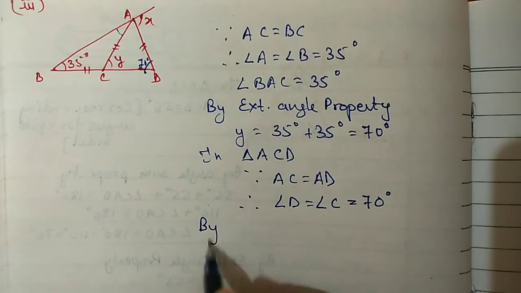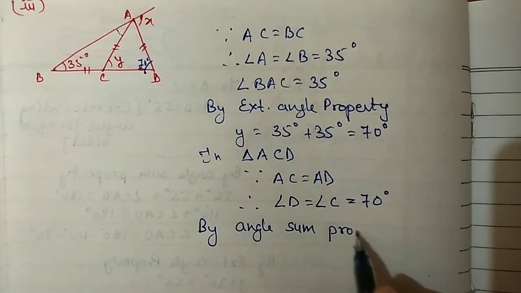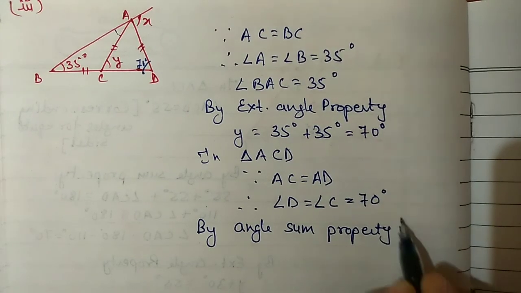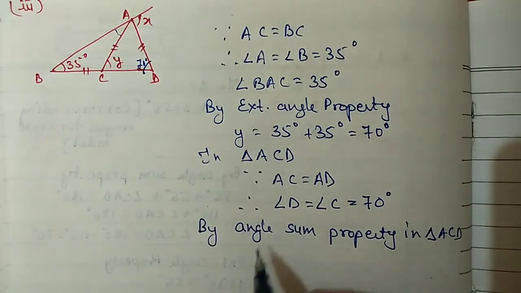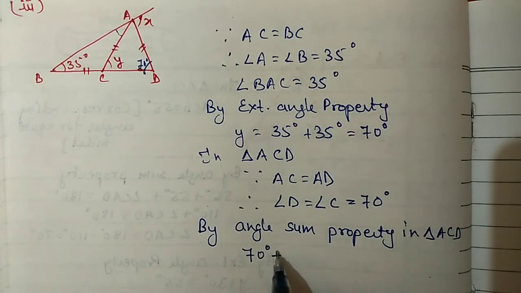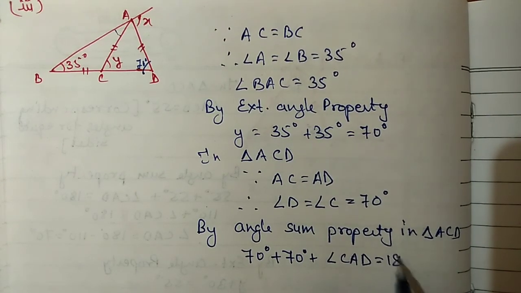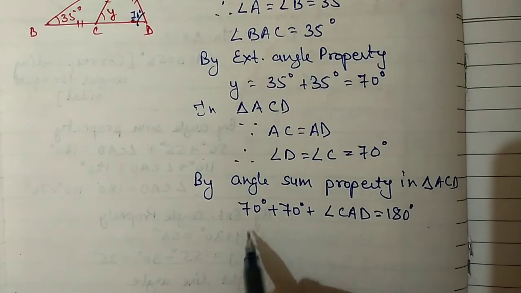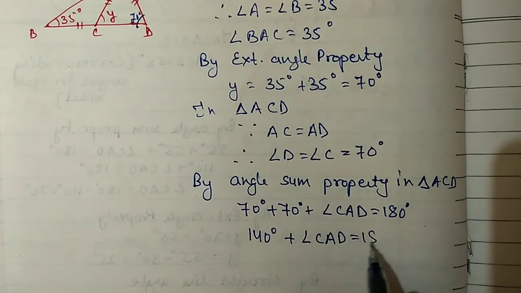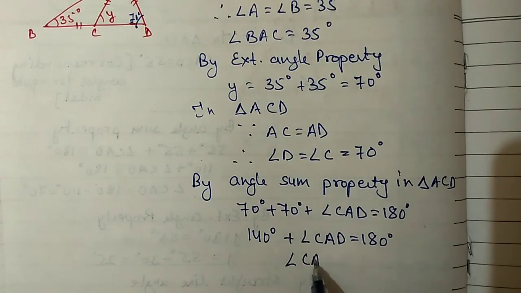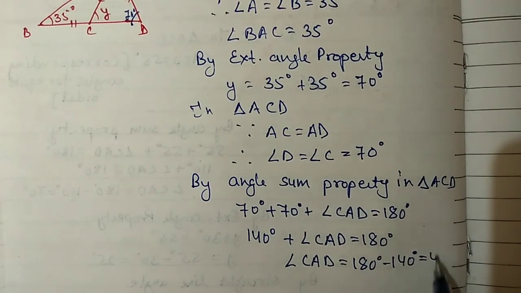So by angle sum property, in triangle ACD, so 70 plus 70 plus angle CAD is equal to 180 degree. So this will become 140 plus angle CAD equal to 180 degree. So angle CAD is equal to 180 minus 140 equal to 40 degree.